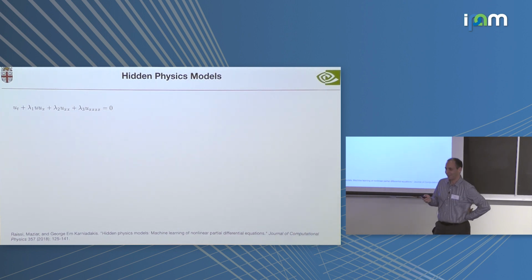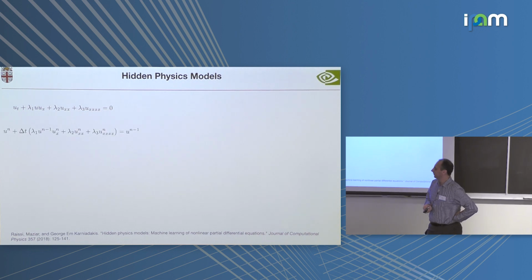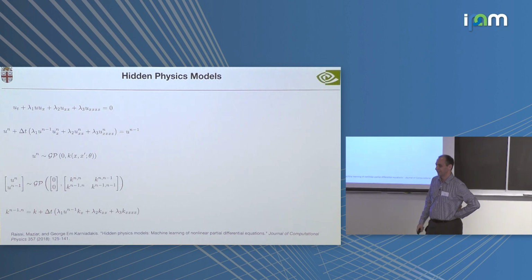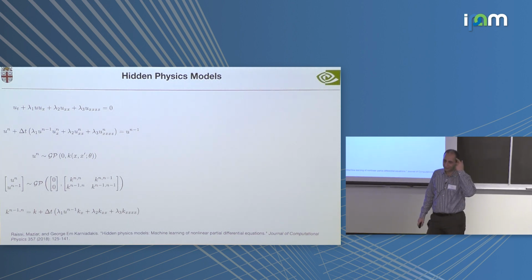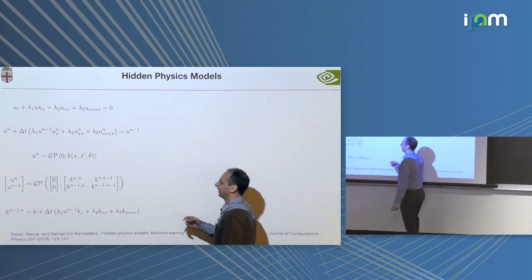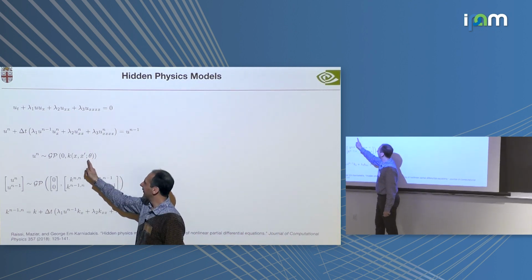Let's go through the math real quick. We discretize, put a Gaussian process on u_n, push it through the differential equation. That's a physics-informed prior. So nothing changed, except for one thing.